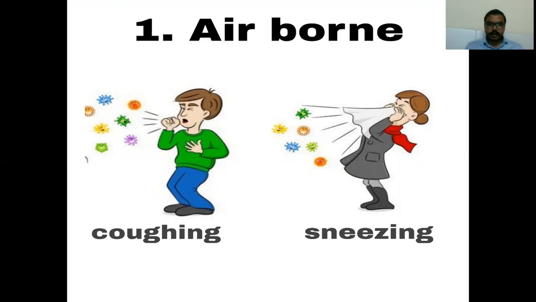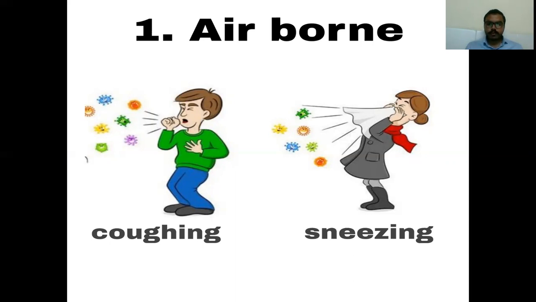You can see it by coughing or by sneezing. During coughing or sneezing, speaking, spitting and talking, tiny particles of saliva and nasal secretions are sprayed into the surrounding atmosphere. When a healthy, susceptible person inhales some of them, the infection is conveyed to him.